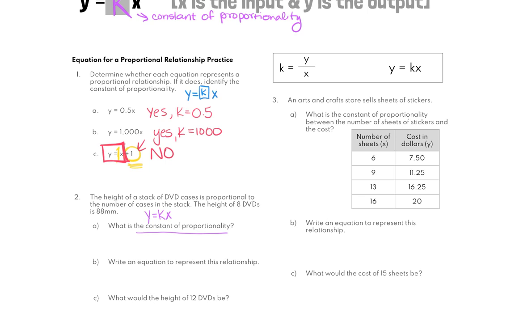So we know that 8 DVDs gives us 88 millimeters in height. We only have one data point, but because we already know it's proportional, we can figure out what that constant is. So take a second, see if you can figure out what that relationship is.